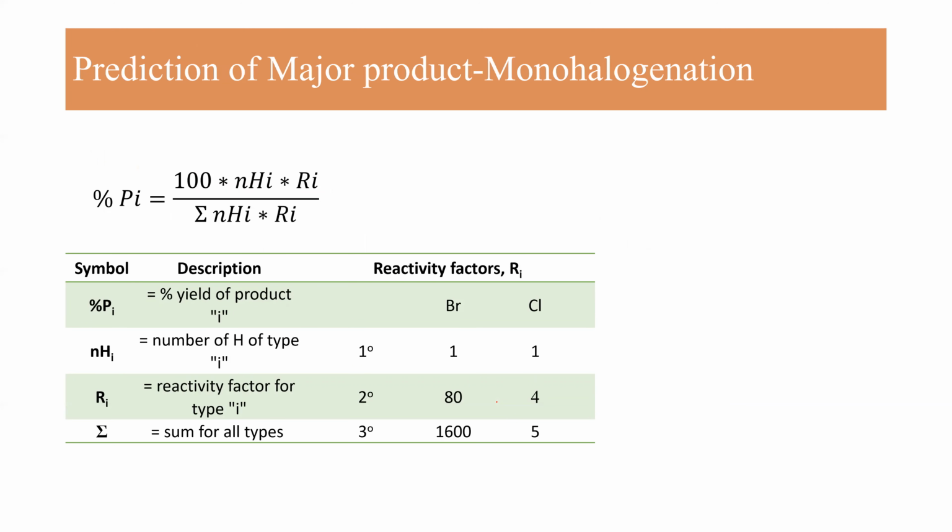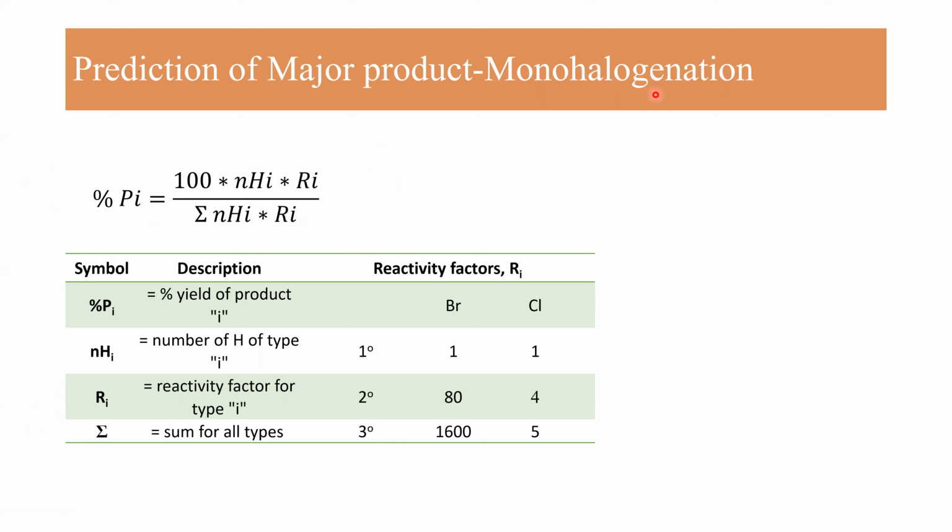Now, we can predict the major products from the halogenation of alkanes. One major thing you need to keep in mind: for the equation I'm referring to, the mathematical prediction of the major product, we have to limit ourselves only to monohalogenated products. This equation is only applicable for monohalogenation.